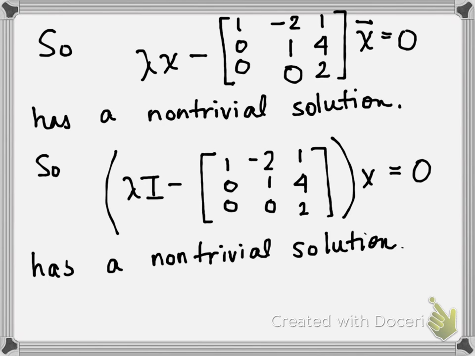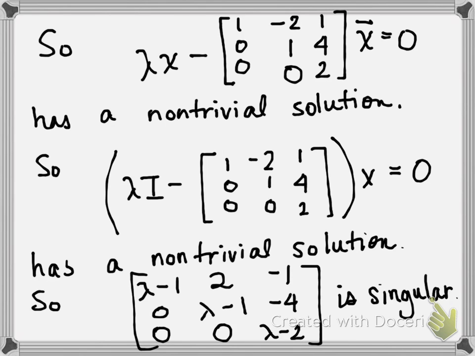Now this should ring some bells. When does a matrix times x equal to 0 have a non-trivial solution? When does that happen? It happens exactly when that matrix is singular.